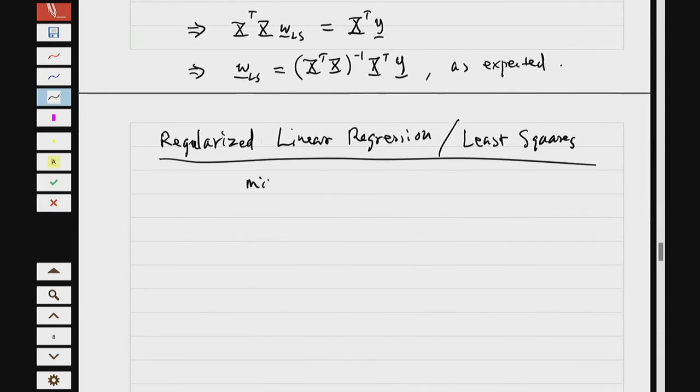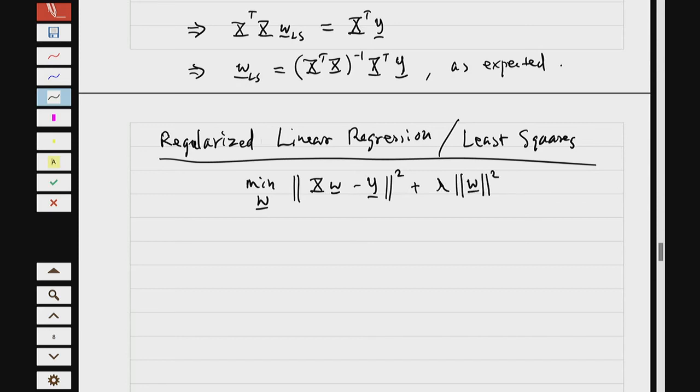Previously, in the plain version of linear regression, we try to minimize this. XW is simply equal to the y hat vector, right? That's what we minimized before. In the regularized version, we don't minimize just this, but rather we add another term to it, lambda times the 2-norm of w squared.